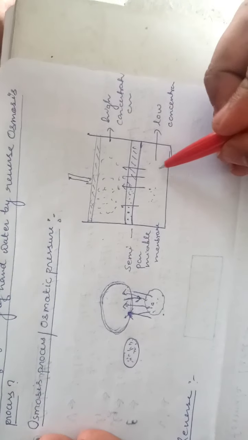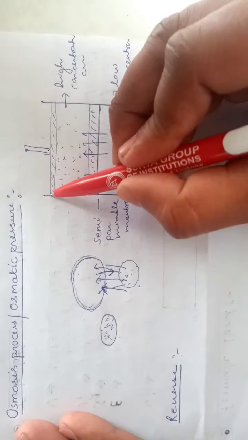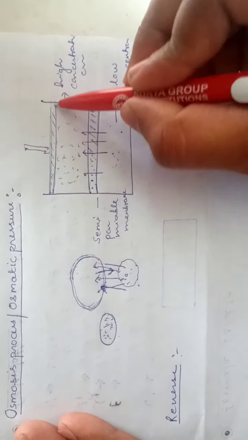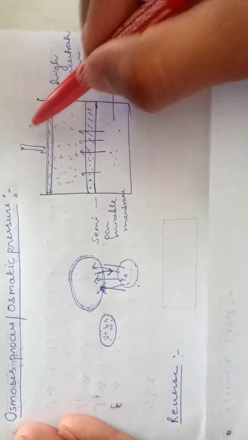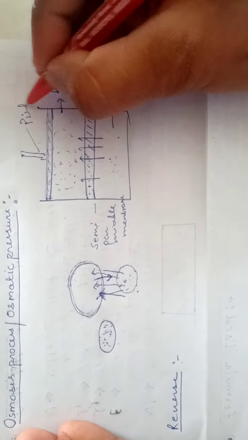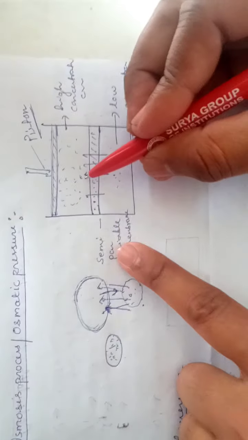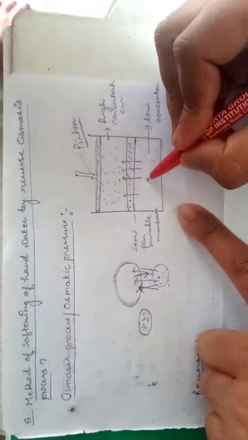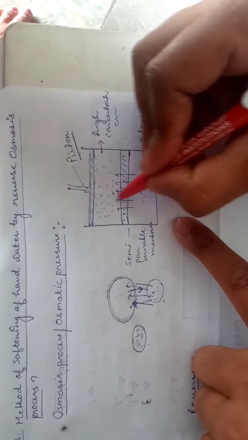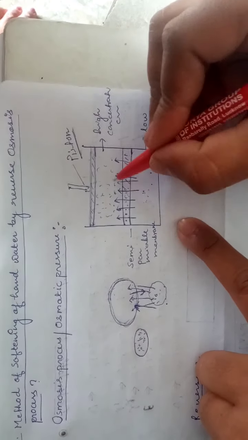As you know, liquid has the property of moving from low concentration to high concentration. When a hydrostatic pressure greater than the osmotic pressure is exerted on the liquid by a piston, it opposes the movement of the liquid particles toward the high concentration.